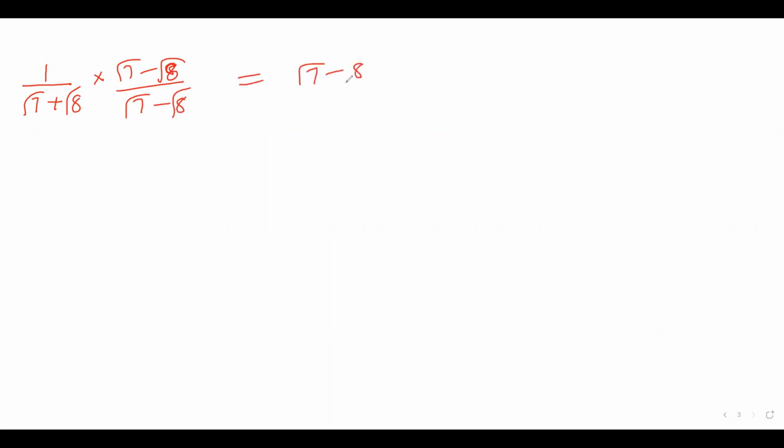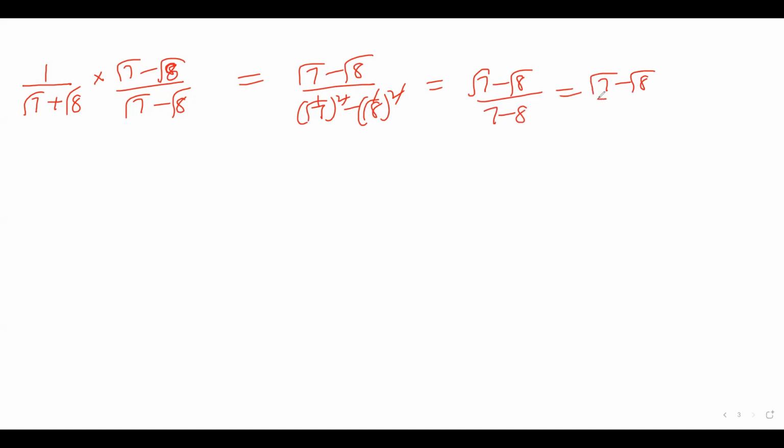Root 7 minus root 8 by the whole square. The square and root will get cancelled. 7 minus 8 is minus 1. Take minus to the numerator. Open the brackets. This is our seventh term.